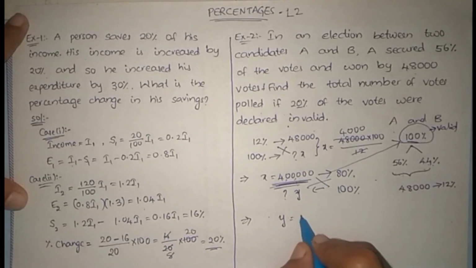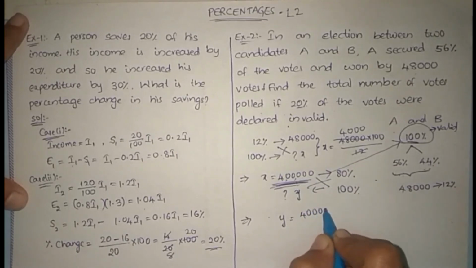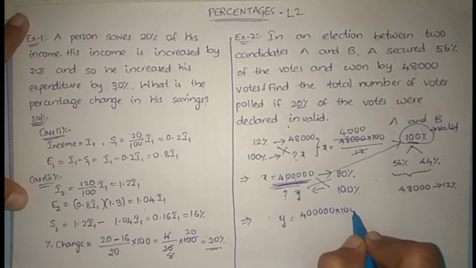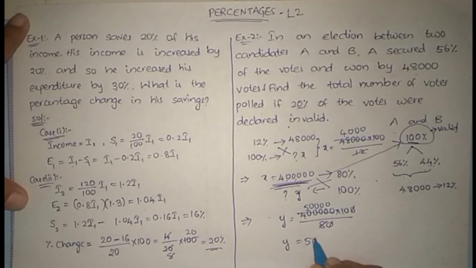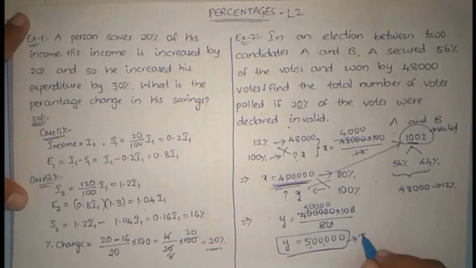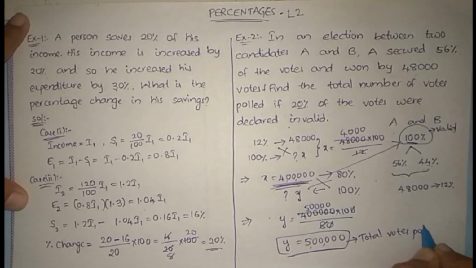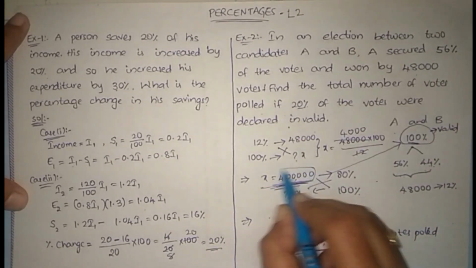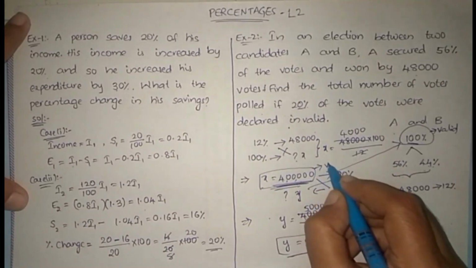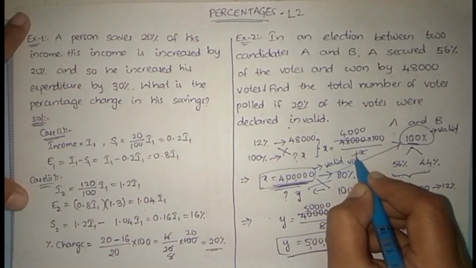For y, 4 lakh into 100 by 80. Y is 5 lakhs. That means the total votes polled is 5 lakhs, out of which 4 lakhs are valid votes.